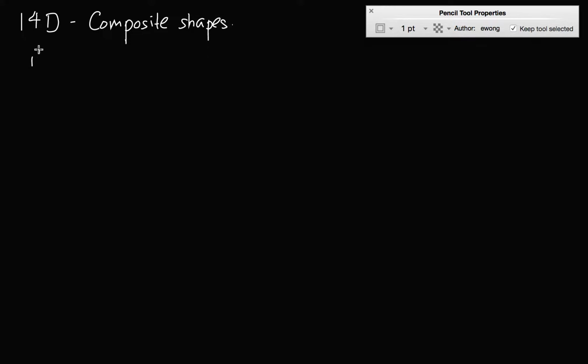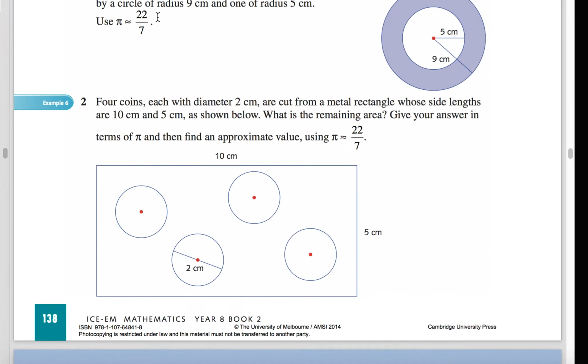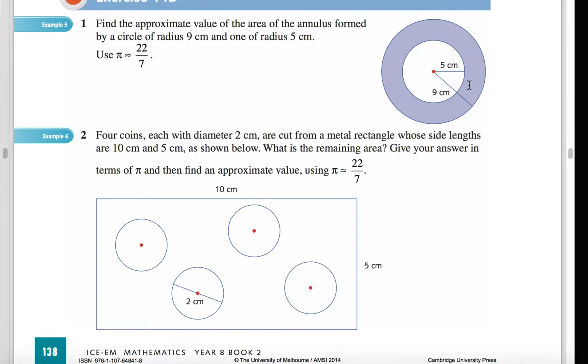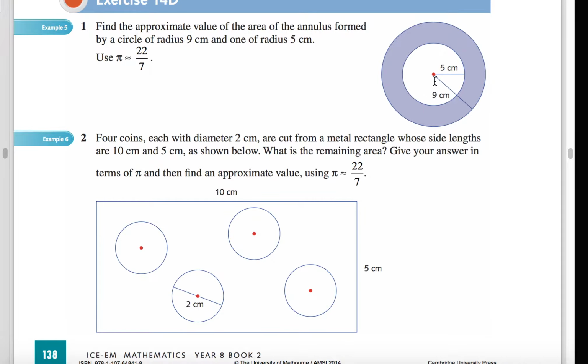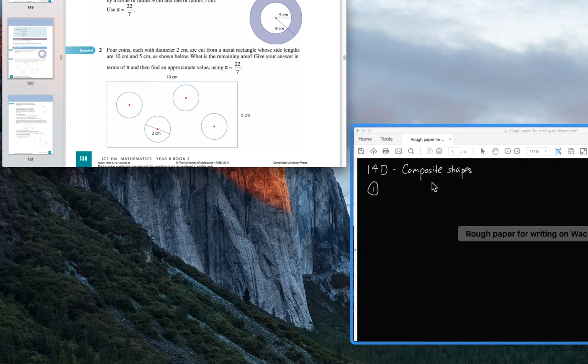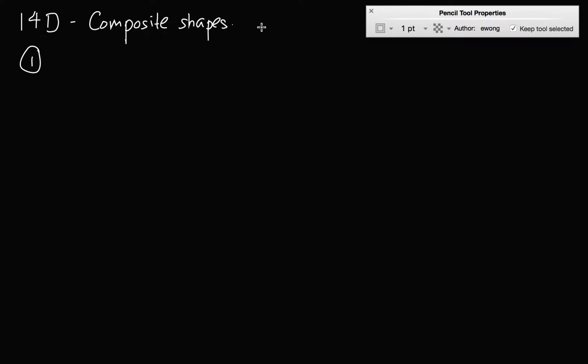Alright, so in the first question, you are given again two circles within the annulus, that is 9 centimeters radius and 5 centimeters. So to find the shaded region or the annulus, it's only as easy as finding the bigger circle, take away the smaller circle.